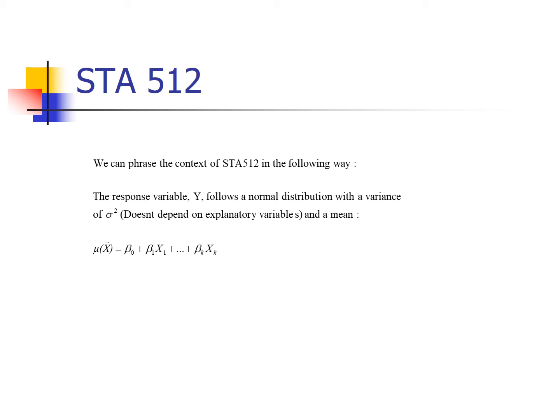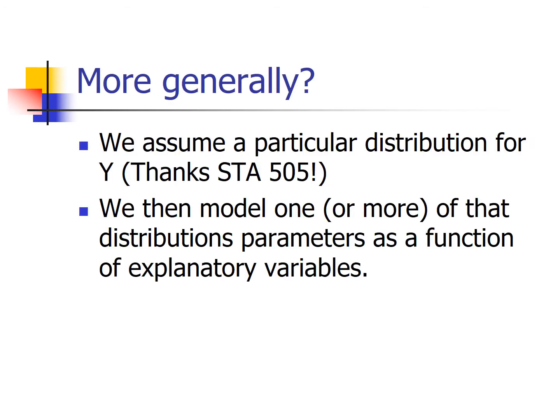I didn't make it explicit here, but there still is, of course, that independence assumption as well. So more generally, we assume some particular distribution. In 512, that was a normal distribution, and then we model one or more of that distribution's parameters as a, often linear, combination of explanatory variables.